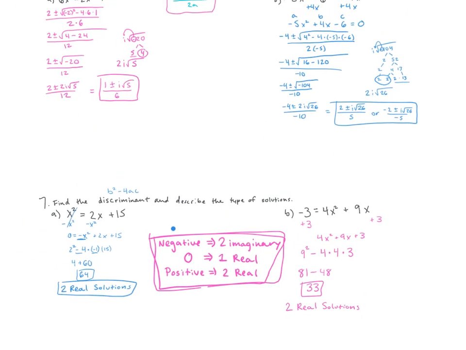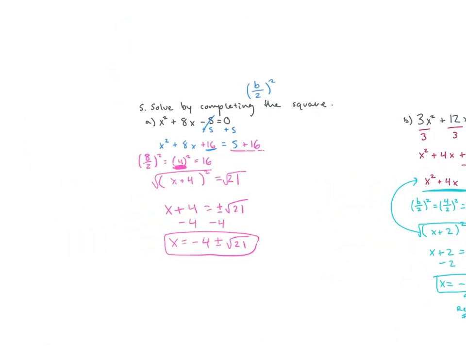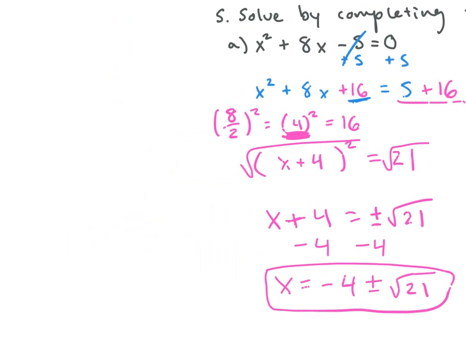One thing I wanted to go over real quick is looking at example 5. So we got to the step where we have x plus 4 squared is equal to 21. How do we get this equation into vertex form?